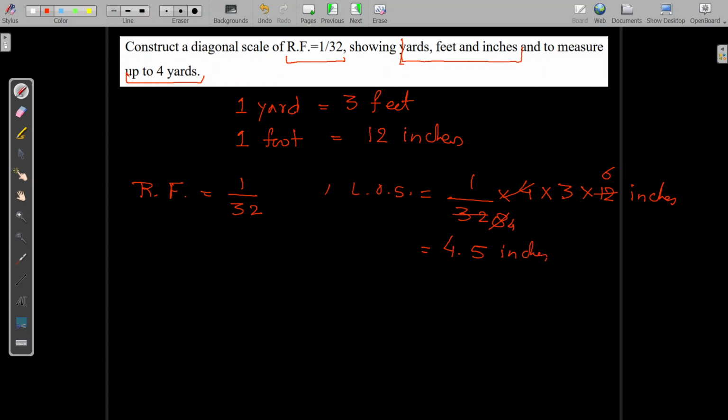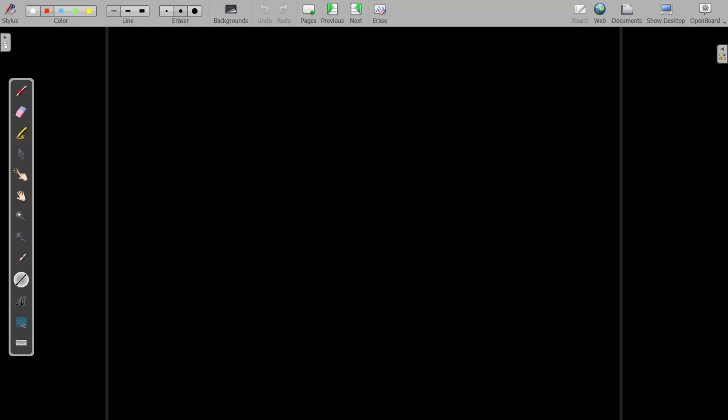Okay, so what we have to do, we have to just draw a scale of length 4.5. Okay, so that we'll draw on the next page. Again, I will draw a scale of 4.5 inches.